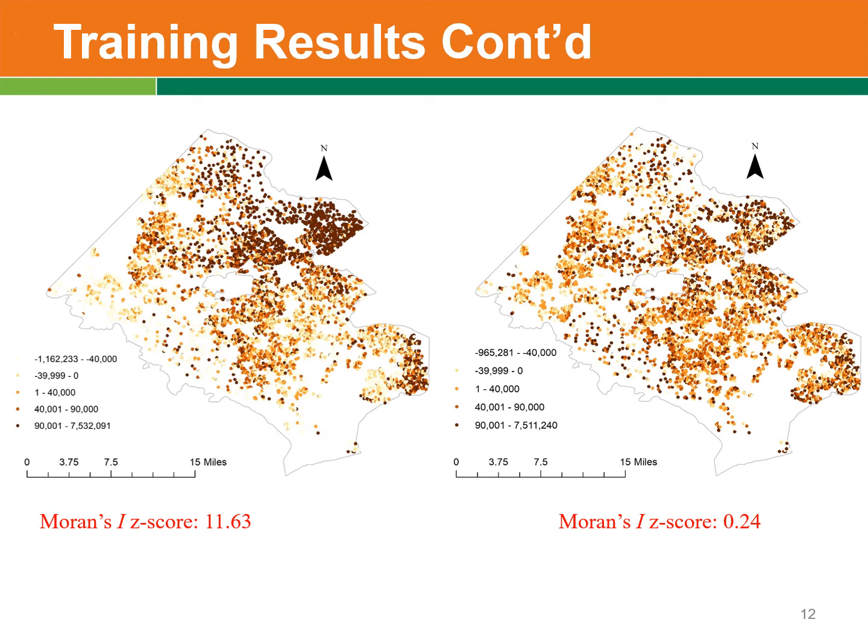These two maps portray the residuals of the random forest model on the left and the random forest model with distance layers on the right.